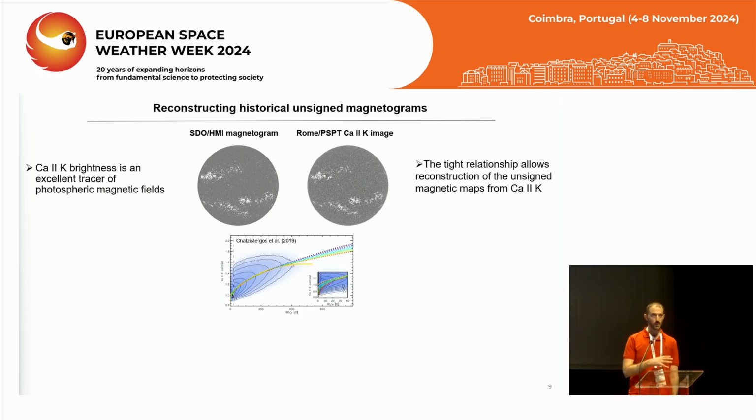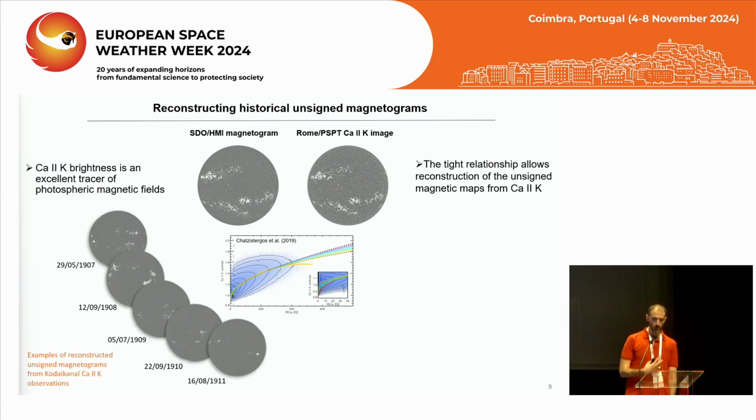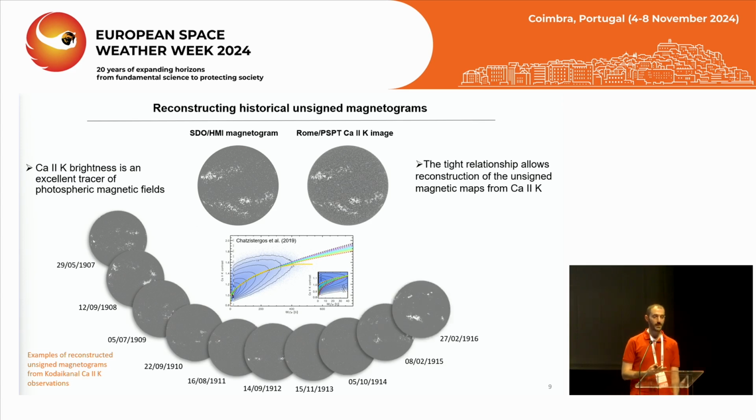So by using a large sample of contemporary observations of calcium K from Rome Observatory and HMI magnetograms, we could establish a tight relation between magnetic field strength and calcium K brightness. And then we could use this to reconstruct magnetograms, and provided the data have been processed in a consistent way, we can apply this to recover magnetograms also from the historical archives.